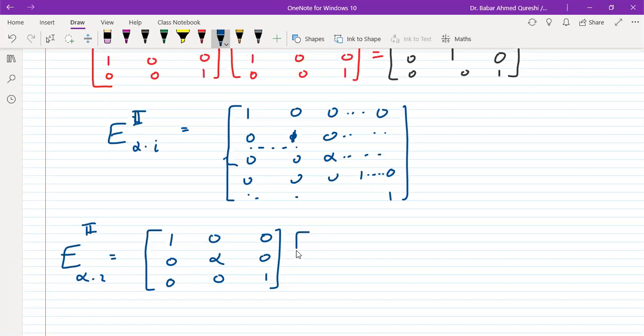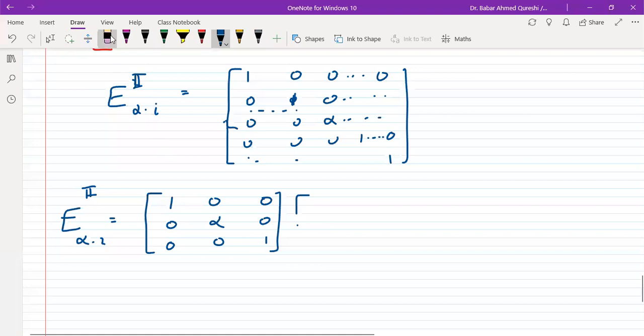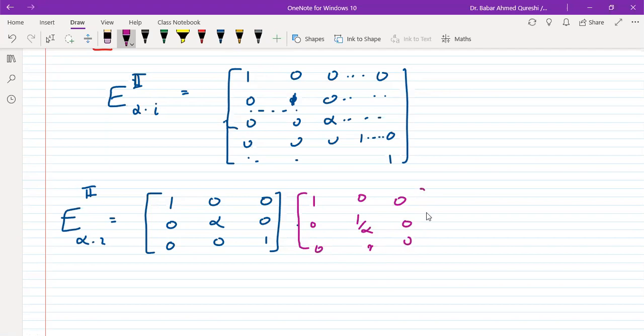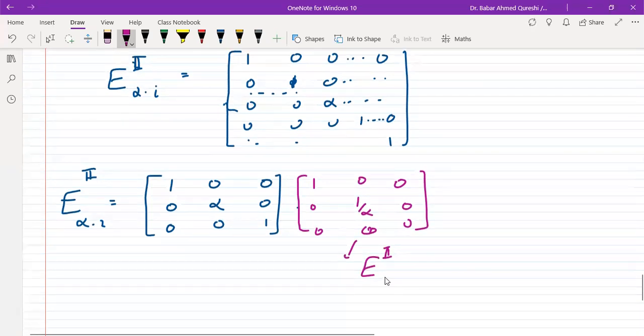Now, its inverse is very easy to guess. 1 upon alpha. If I just put this guy, because this is the same elementary matrix of type 2, which multiplies the second row by 1 over alpha.